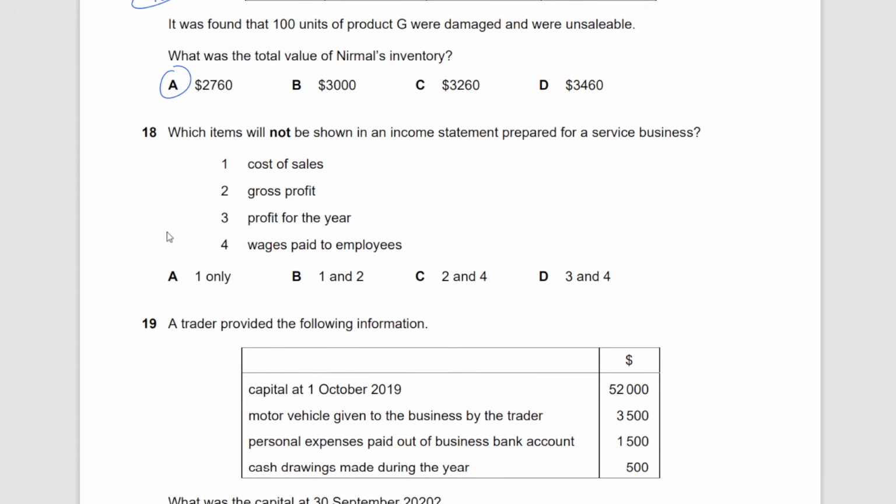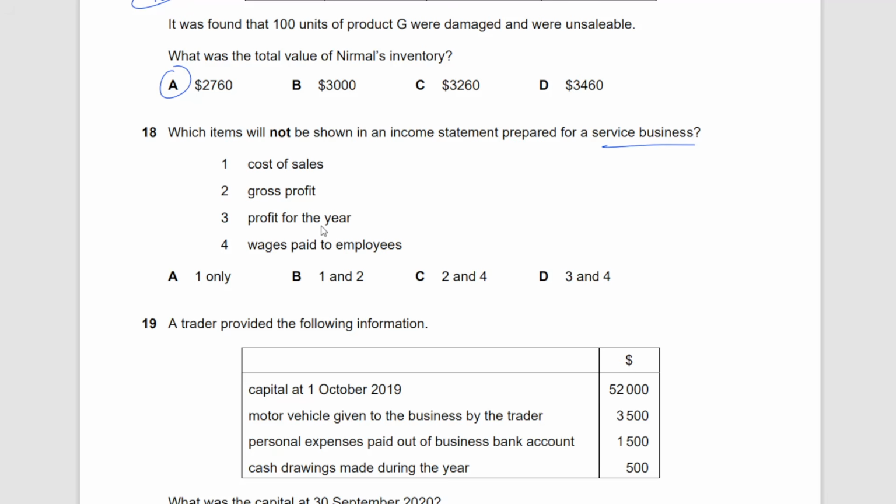Let's move on. Which items will not be shown in an income statement prepared for a service business? Service business does not engage in trading. Okay, that's the bottom line. Remember that, obviously. So cost of sales, gross profit. Profit will be there in a service business, obviously.